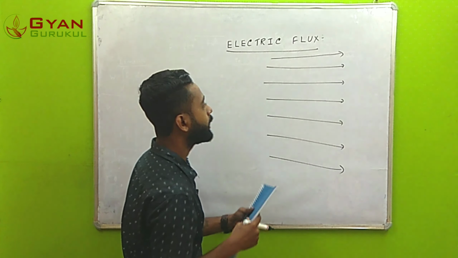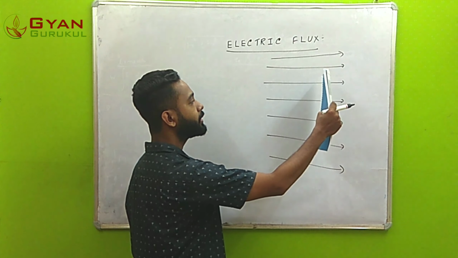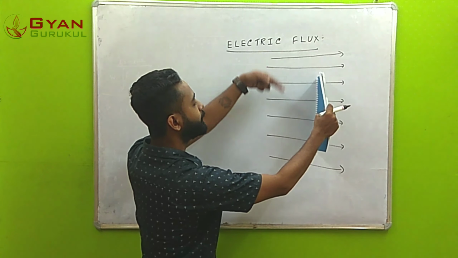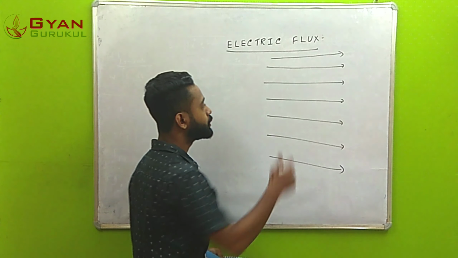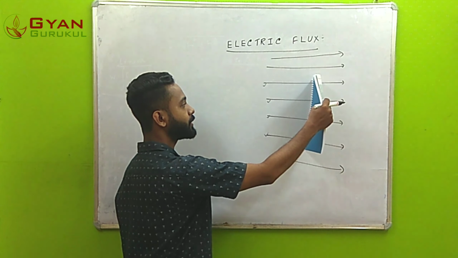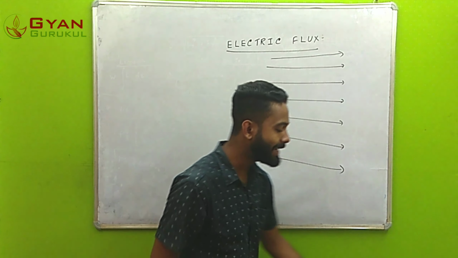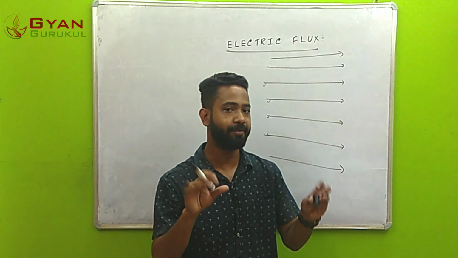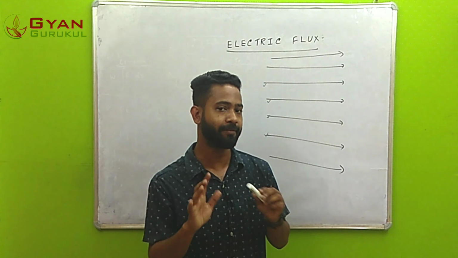If I place the surface somewhere here, I can see that out of all the field lines there are only 4 that pass through this surface, right? So these were the 4 passing through the surface when I place it here. These field lines would be termed as electric flux. So by definition, electric flux is nothing but the field lines that pass through a given surface.